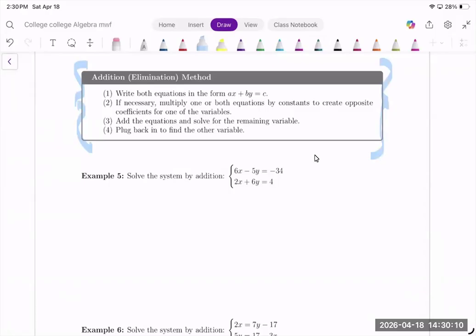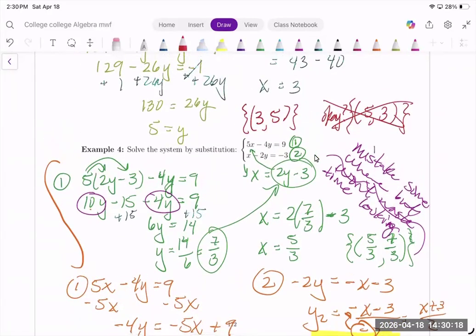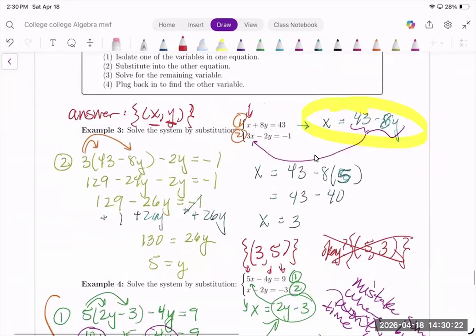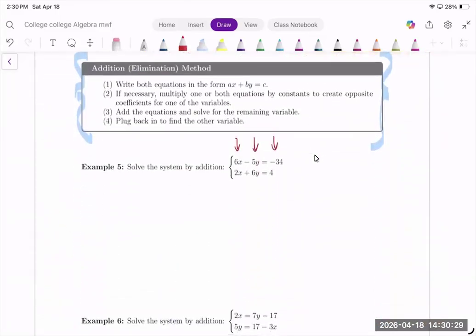One thing I want y'all to notice is that you have this X column, the Y column, and a number column. If you're paying attention, all of the systems have been set up that way so far, right? You have an X, a Y, and a number column. They're set up in this nice way to help us with this addition elimination method.